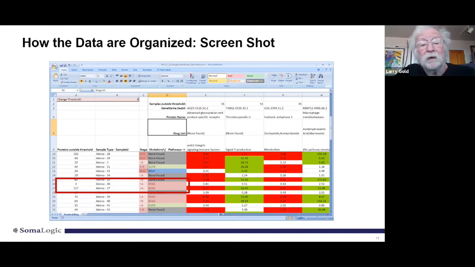And so the coloring is, if you were down in the tumor for a protein, you could be red. And if you were up in a tumor, you could be green. And there are lots of proteins that are largely ups and lots of proteins that are largely downs. So if you look in the first columns, E and F, which you can read, you can see mostly red for a thing called AGER something or another, a protein whose activities I don't know anything about, but it's clearly a biomarker that goes down.